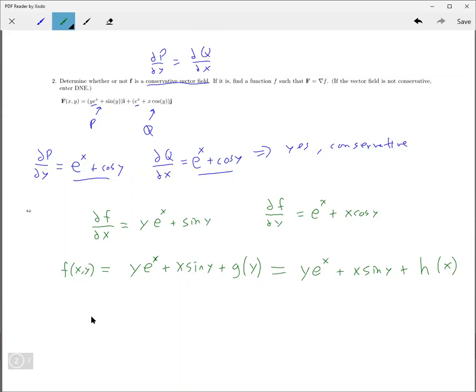Now, at this point, you want to find an expression of f that equals both of these. In this case, this is exactly the same as that, and so that's all it's going to be. Okay, that's it. This one wasn't needed, that one wasn't needed.